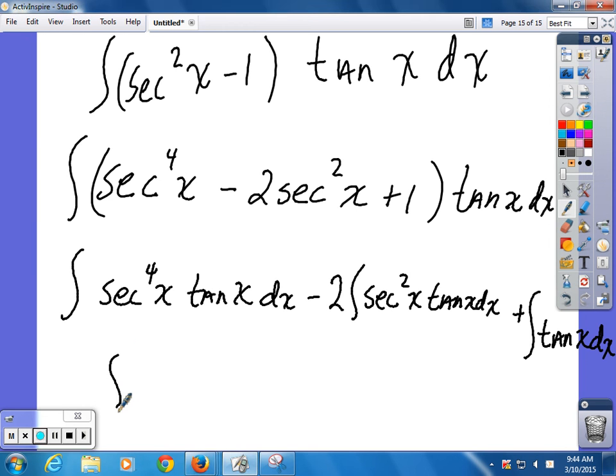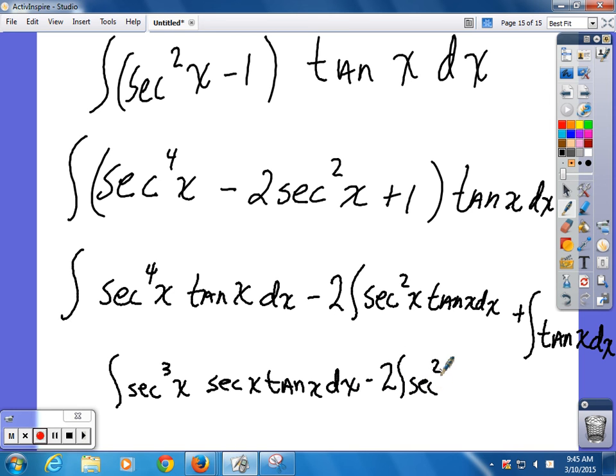So antiderivative of secant cubed, secant tangent, and that'll help us out a little bit, minus 2 antiderivative secant squared of x tangent x dx plus antiderivative tangent x dx. I doubt I'm going to be able to copy all that.